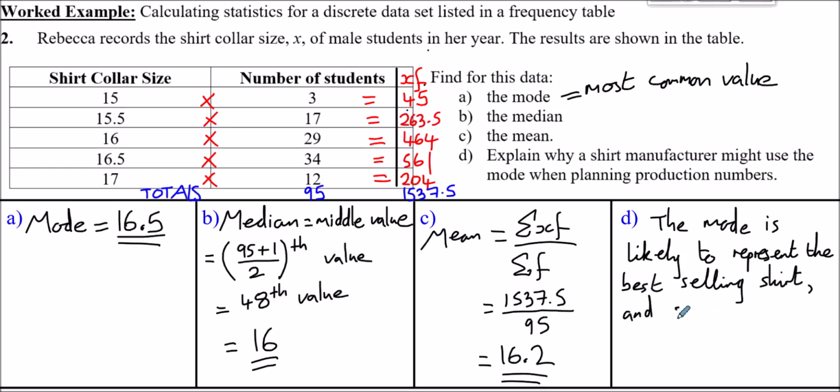And so it actually has importance in terms of sales. So any shirt manufacturer is going to want to make sure that their best seller is in stock so they can make plenty of money from it. And that's all there is to do for worked example 2.